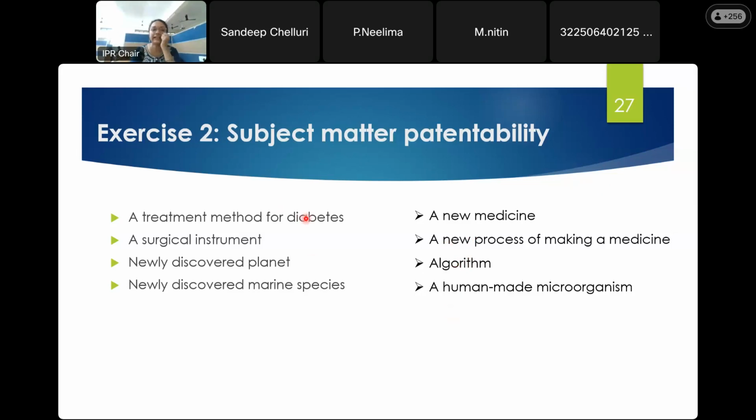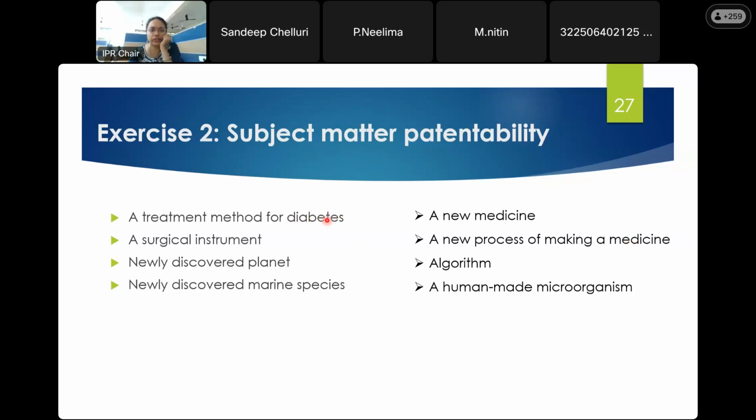So 1 is no. Everybody understood 1 is no. Somebody is writing everything. 1 no, 2 yes. That I will see. Somebody wrote all the things. Where are you? Ah, Sunidhi.